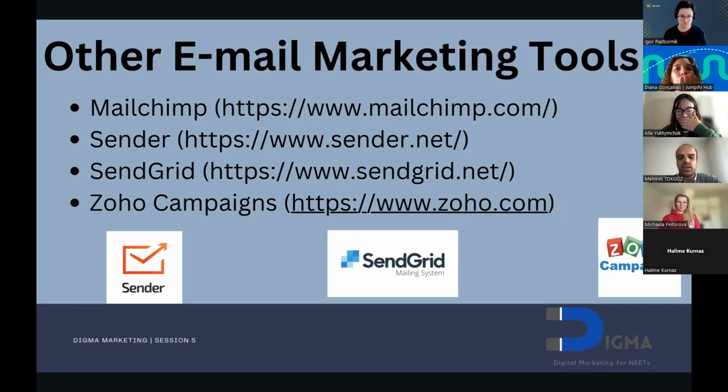You can check all of them, compare, and use the one more suitable for you. HubSpot is the best for the free version. Some of them have free versions and some have no free version, so you just use the paid versions.